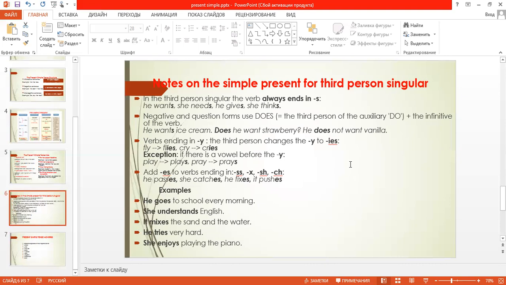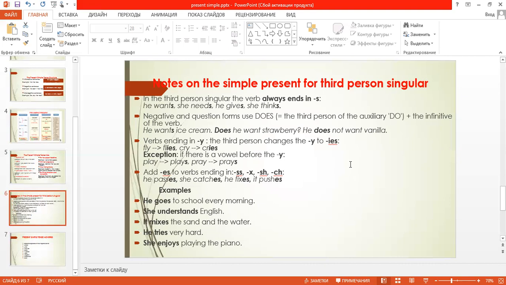So let's consider these cases. For example, fly flies, cry cries, we change letter Y into I because here the letter Y comes after the consonant letter L and R, therefore it functions here as a vowel letter.